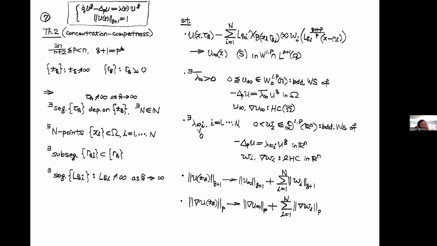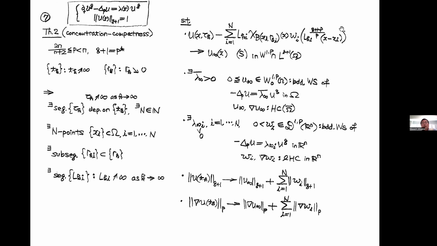The second term is just the concentration part, and the other term is the so-called body map. So U(x, tau k) basically converges to infinity with a remainder, the second term.